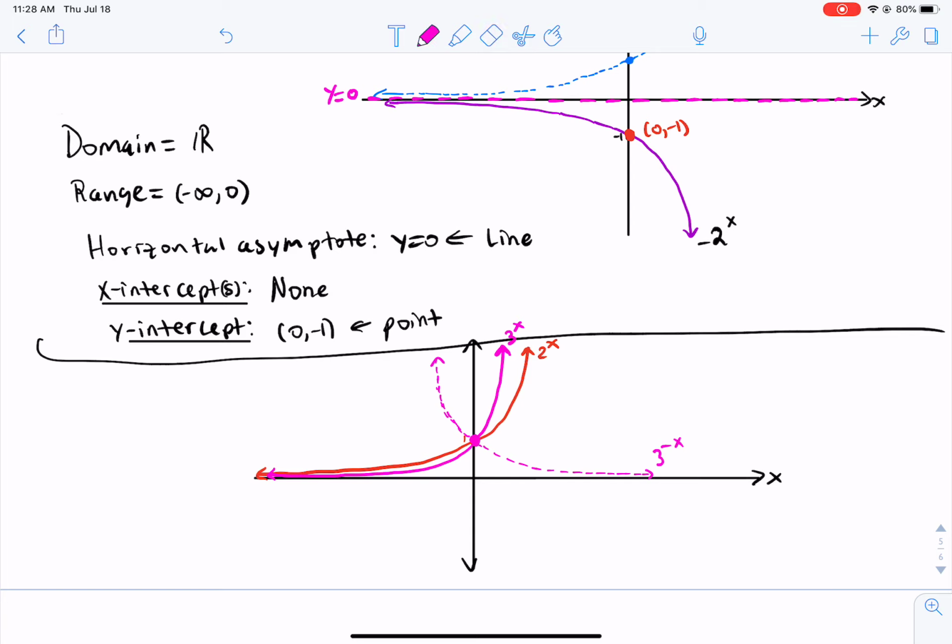There is a function that happens to be squeezed between the two of them, 2 to the x and 3 to the x. It's very special. We don't talk about it here, unfortunately. You ever heard of e to the x? That's the function that will be squeezed between the two of them. In the future, this happens to be a fascinating function. It's a little bit closer to 3 to the x than 2 to the x because e has a value of about 2.718.